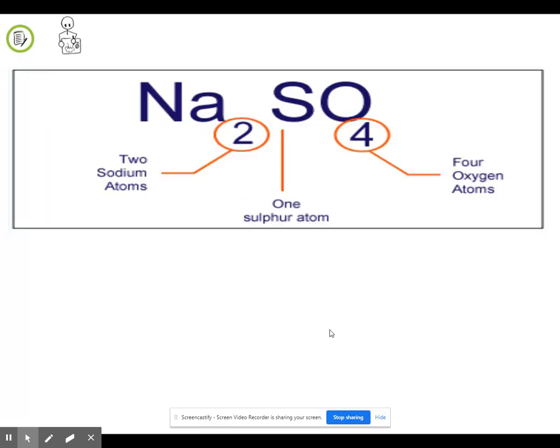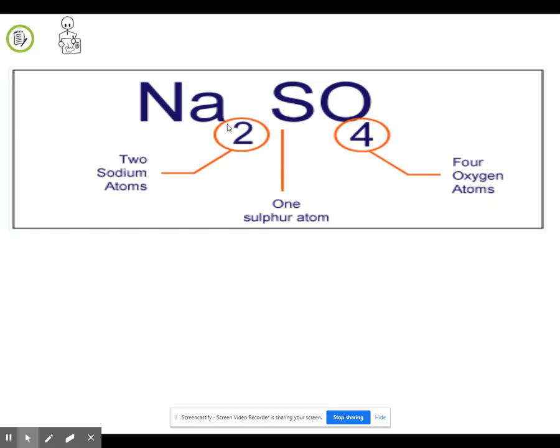If we look here, we have the compound. We know this is a compound because it has more than one element. Let's count the capital letters. We have a capital N, a capital S, and a capital O. That means we have 3 elements: Na, which is sodium, S, which is sulfur, and O for oxygen.